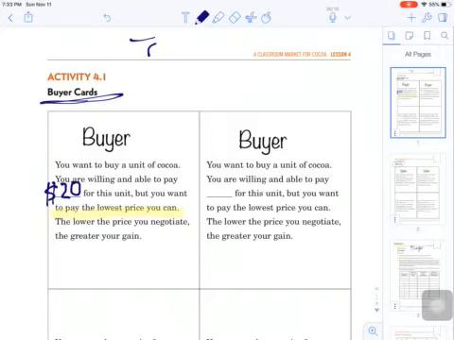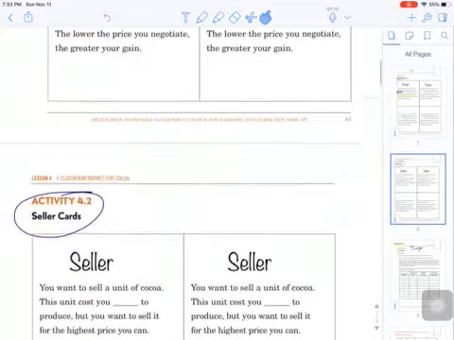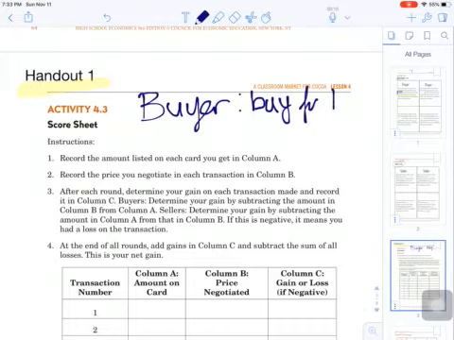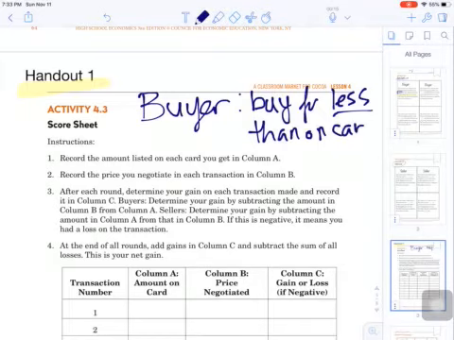The law of demand says that buyers will want to buy more at lower prices. So students who are buyers are going to try to get the cheapest deal they can. They would write on their piece of paper: buyer, buy for less than on card.